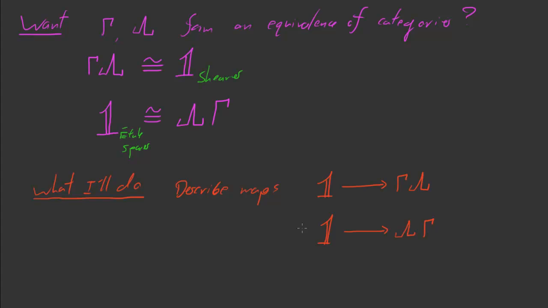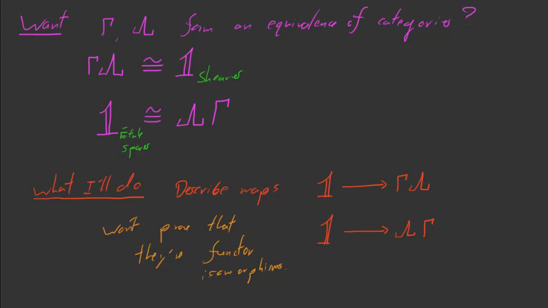So I'm going to say what these things are, but I'm not going to prove that they're isomorphisms. At least not in the mainline videos. So I'll describe the functor morphisms, but I'm not going to check that they're isomorphisms.